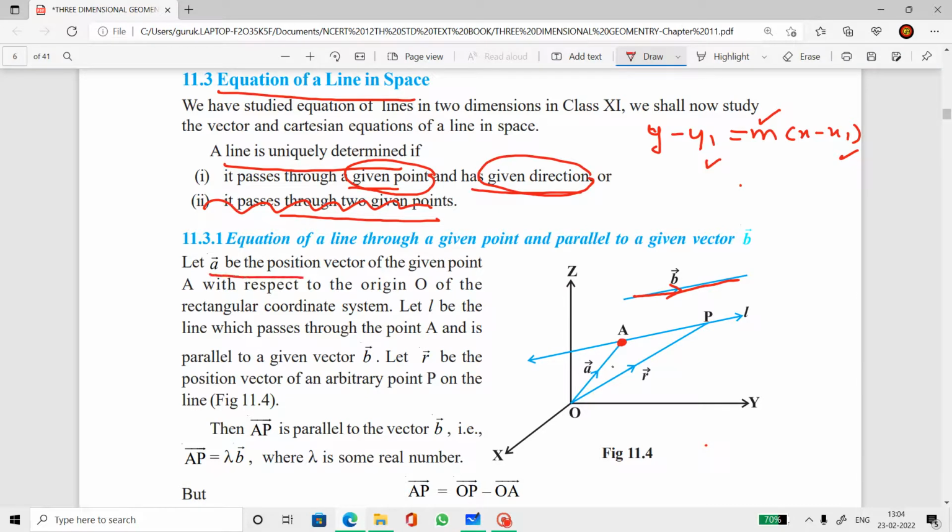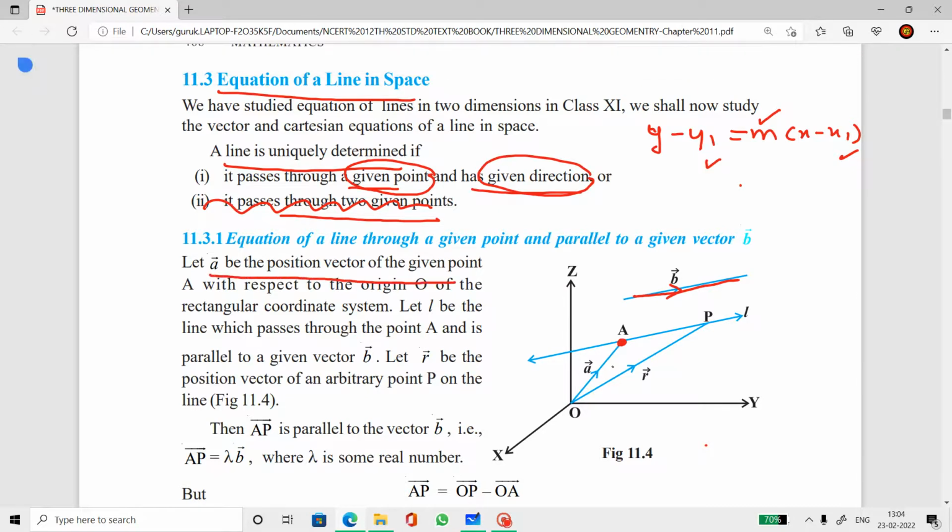So small a vector is the position vector of a given point, and L is the line, which means the required line for which they've asked us to find the equation, which is passing through point A and is parallel to a given vector B. So B vector is a direction vector of another line segment that is parallel to L. Or you can just say that B is just a parallel vector.